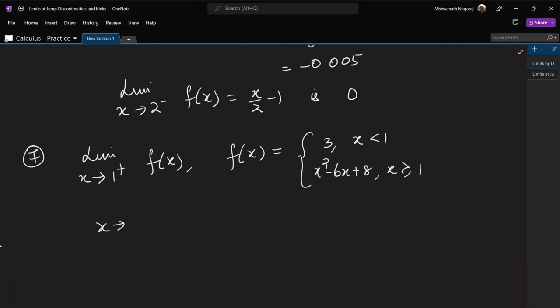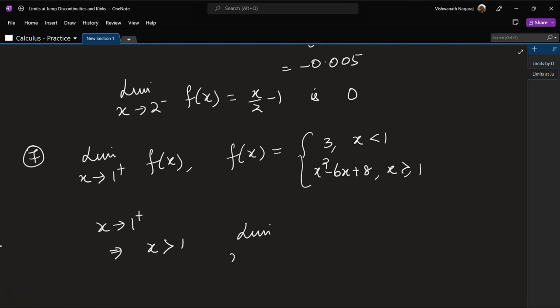Now, x approaches 1 from the positive side implies that x is greater than 1. And since it is greater than 1, based on the function given to us, it can become equal to 1. So, which means we can use direct substitution.